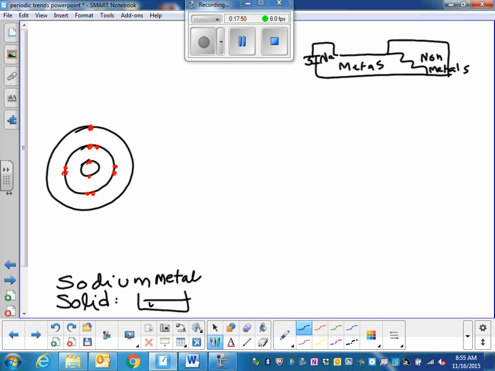It will explode, because it's highly reactive. All right?